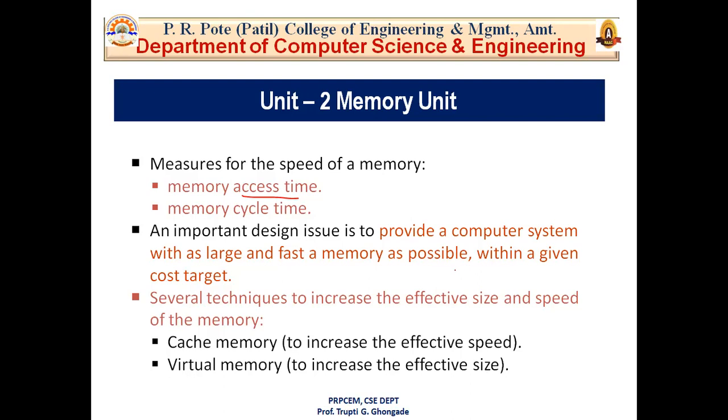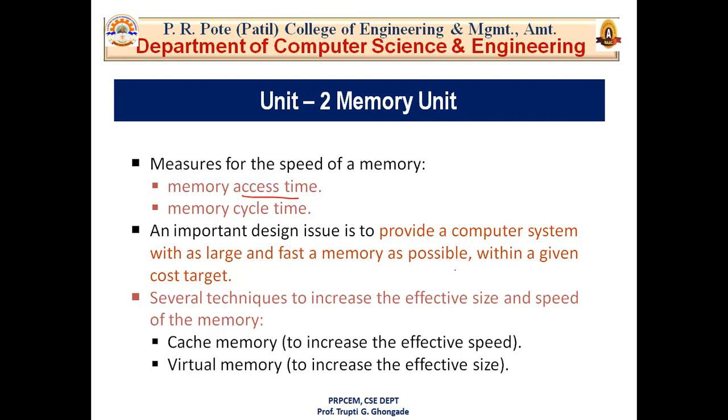Now there are again some important terms. The processor of a computer can usually process instructions and data faster than they can be fetched from a reasonably priced memory unit. The memory cycle time is the bottleneck in the system.